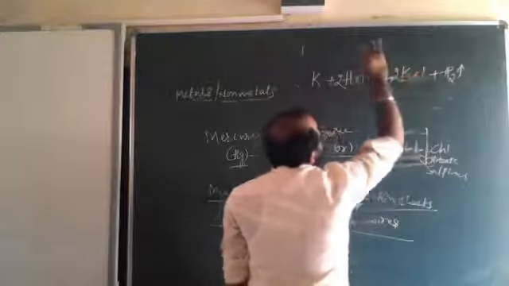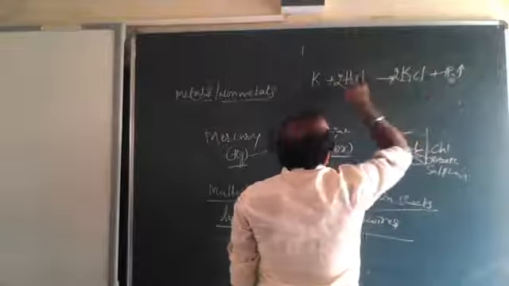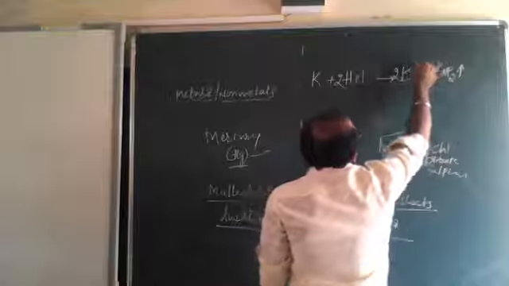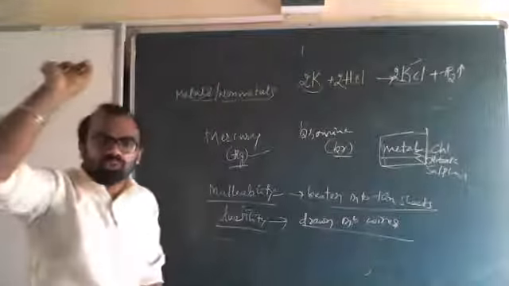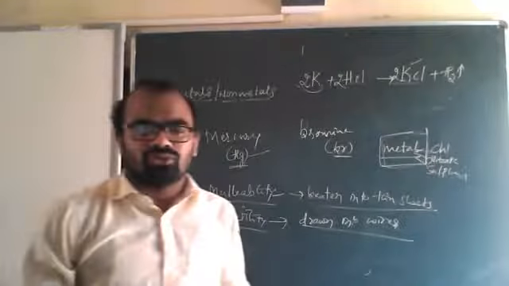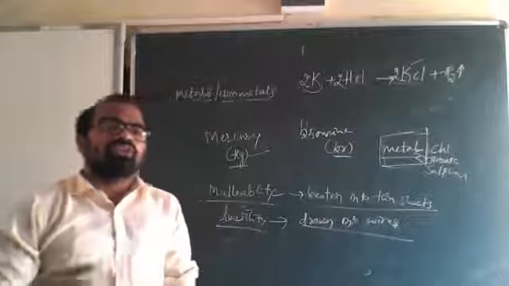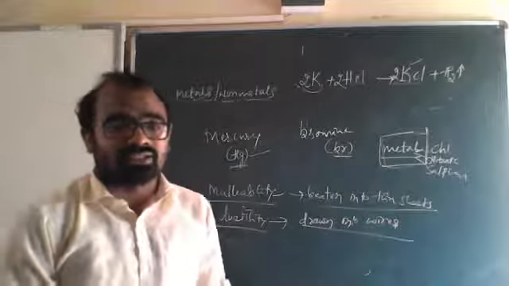I write 2KCl, 2HCl, H2: here 2H, here also 2H, and 2Cl on both sides. But here 2K is there, so on this side it will also become 2K. So 2K plus 2HCl gives 2KCl plus H2. This is the reaction of metals with acids.